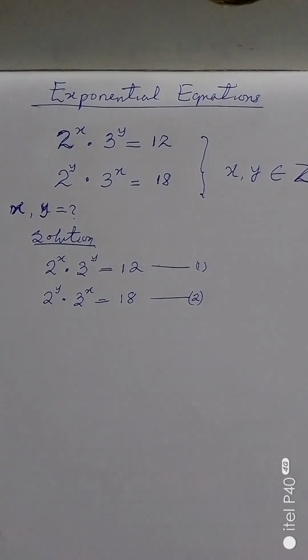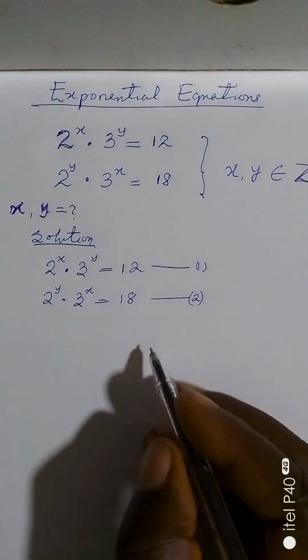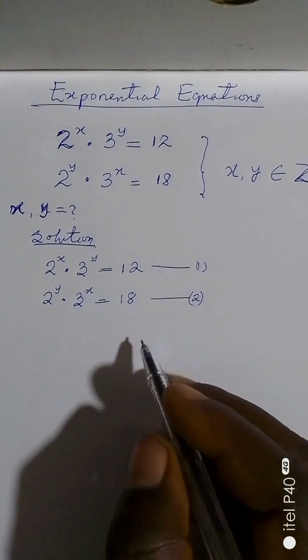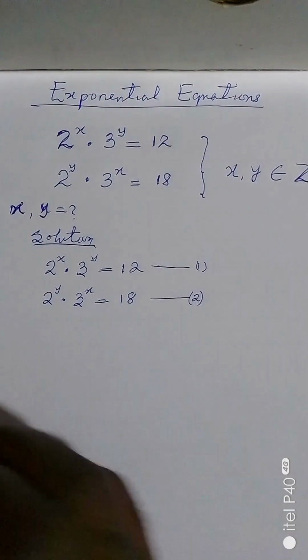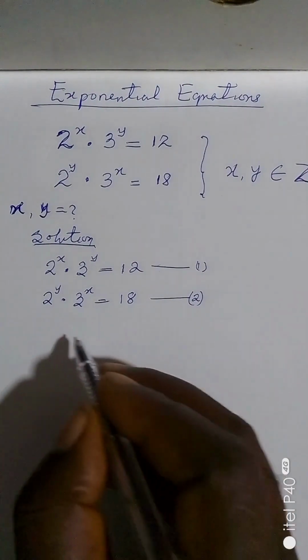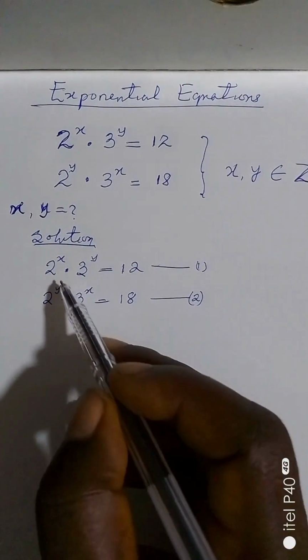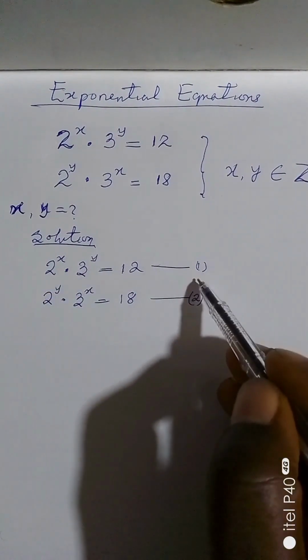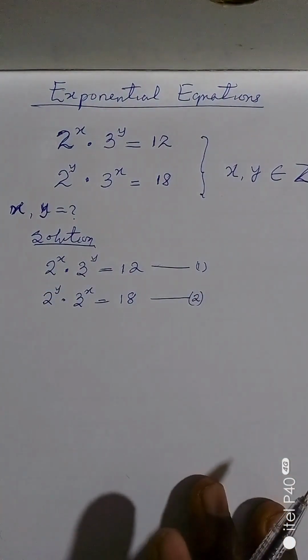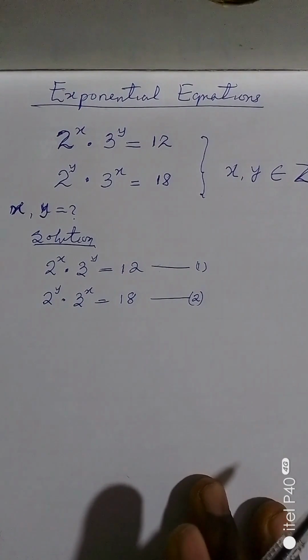Now, in order to solve these two equations easily and successfully, what we need to do is to apply two rules. First, we are going to multiply equation 1 and equation 2, and we will also divide them.